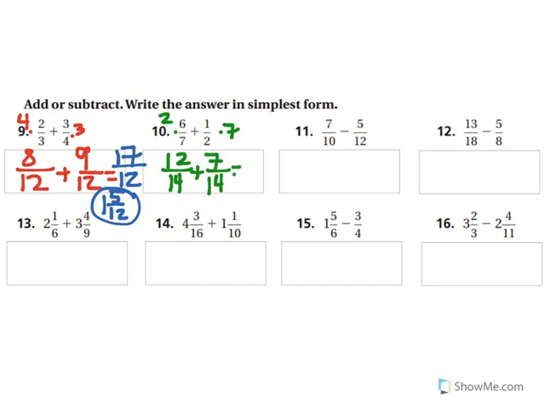I can add these together, and I get 12 plus 7 is 19, and that's over 14, which is the same thing as 1 and 5/14.